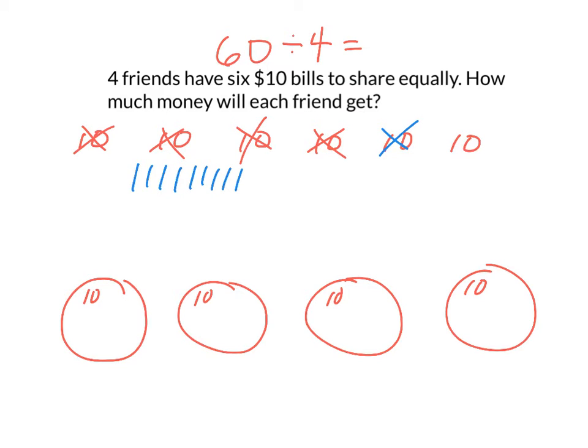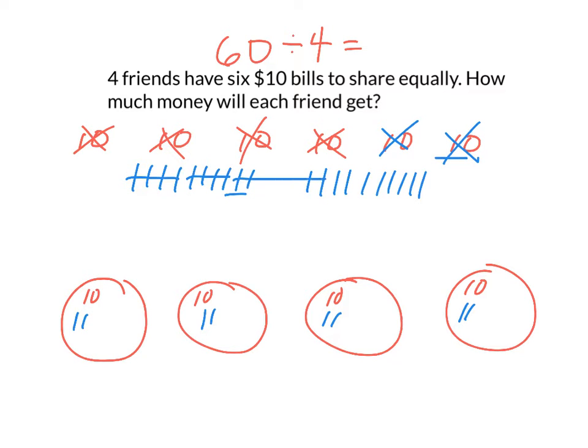And I can go ahead and distribute. There's 4. 1, 2, 3, 4. Here is another 4. Whoops, I need one more. 1, 2, 3, 4. Now I'm left with $2 and I'm left with $10. So I need to break that apart too. 1, 2, 3, 4, 5, 6, 7, 8, 9, 10. Okay, now I can distribute again.